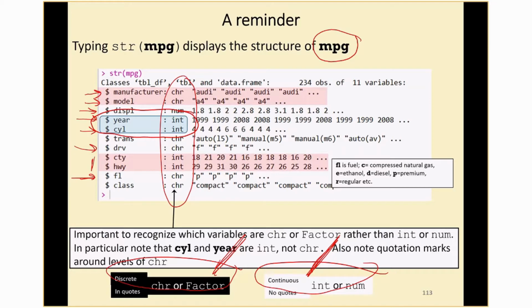So when we think about the variable year, it has only two levels, 1999 and 2008. R considers that to be a continuous variable. But goodness, with only two levels, we probably are going to think of it as discrete. Similarly, cylinder. Cylinder has only 4, 5, 6, or 8 cylinder engines. We will probably want to consider cylinder to be discrete rather than continuous and INT.